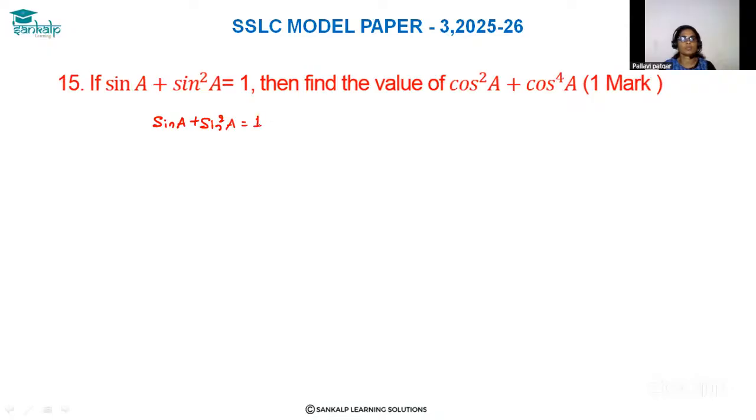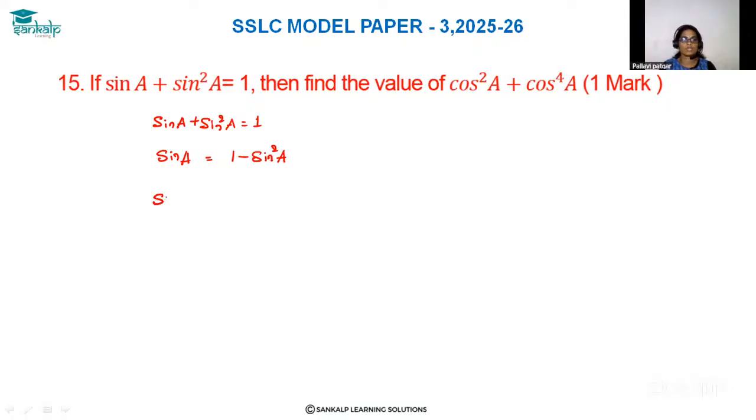Rearrange this equation: sin A is equal to 1 minus sin square A. We know the trigonometric identity sin square A plus cos square A is equal to 1, so we can write 1 minus sin square A as cos square A.